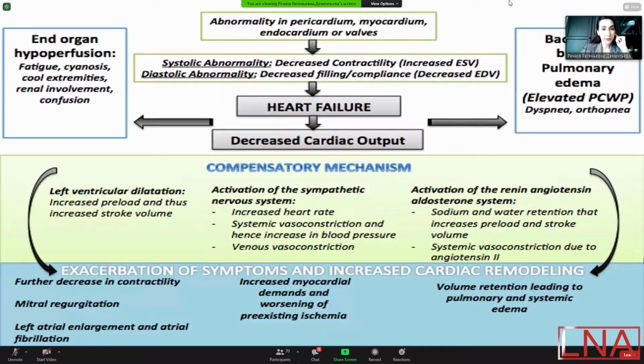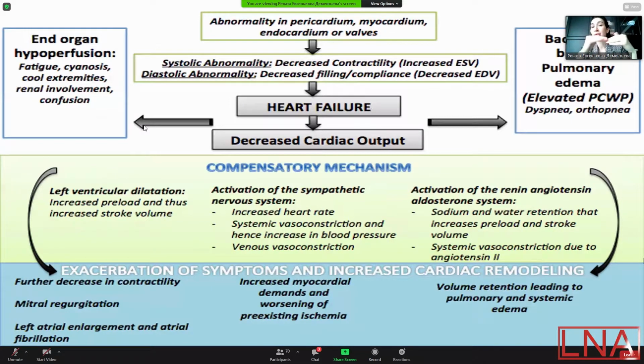If you look at this slide, all abnormalities in the pericardium, all abnormalities in the myocardium, including amyloid, decreased contractility due to ischemia, development of connective tissue in post-infarction cardiosclerosis, all problems with the pericardium, increased density, inflammation of the pericardium, endocardium, and problems with the valves lead to systolic abnormalities.